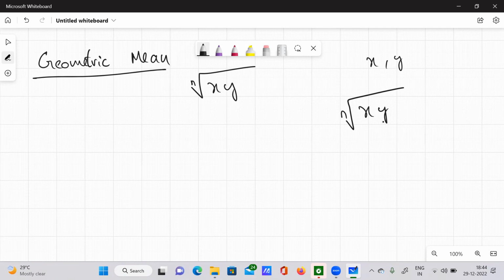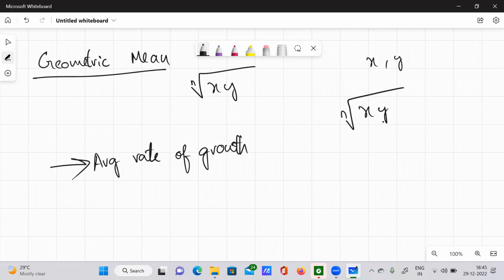This geometric mean is suitable in situations where the average rate of growth is considered, right?